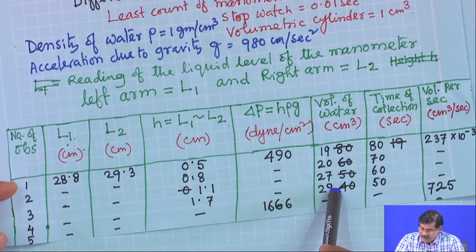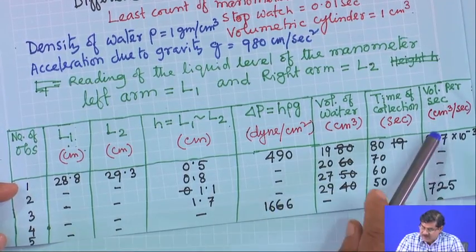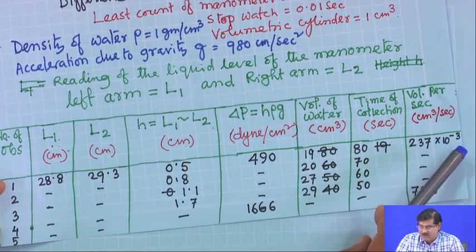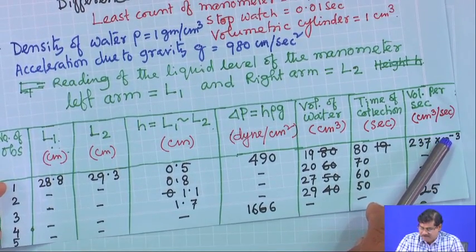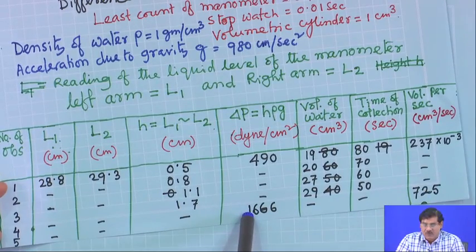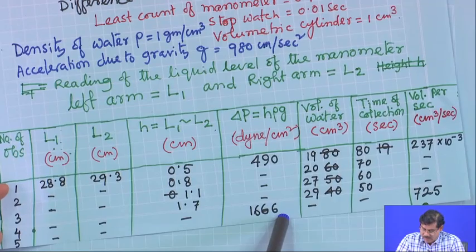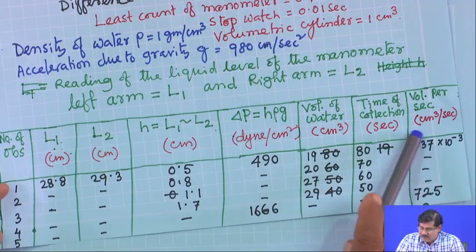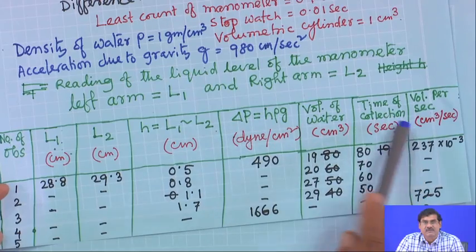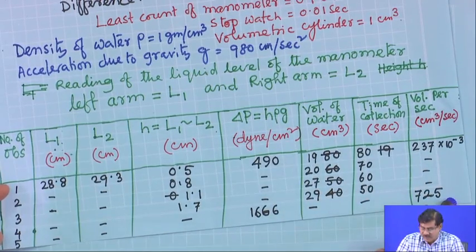Then basically here this volume per second is 237 into 10 to the minus 3, and for the last one the pressure difference is 1666, and the corresponding volume of water per second is 725.